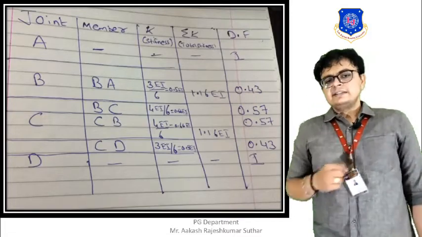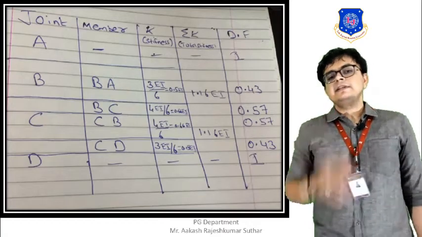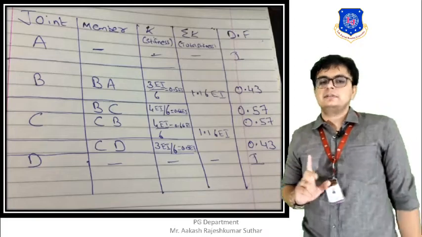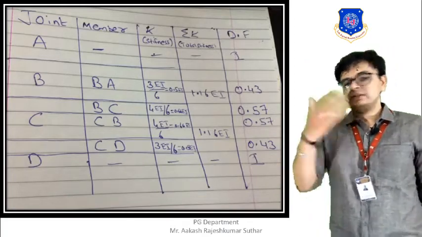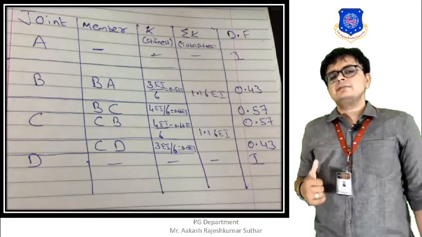At joints A and D there will be no stiffness and the distribution factor will be 1. But for joints B and C, we will have some stiffness.